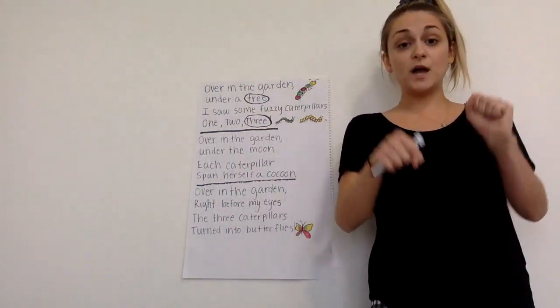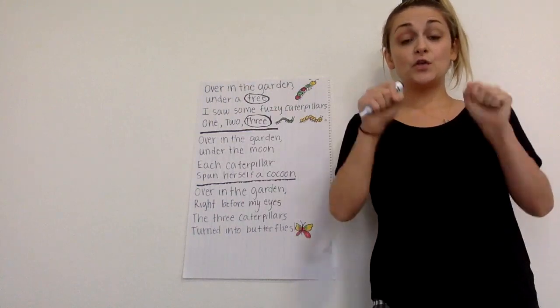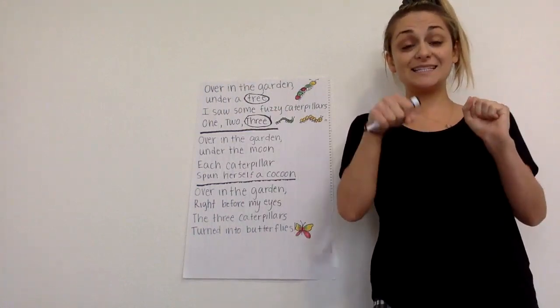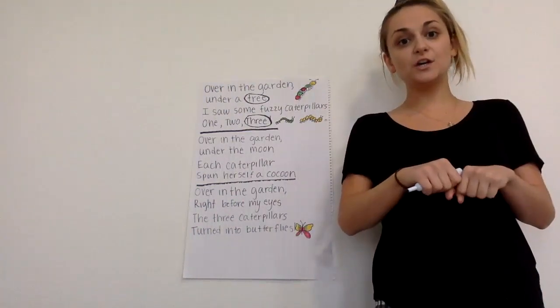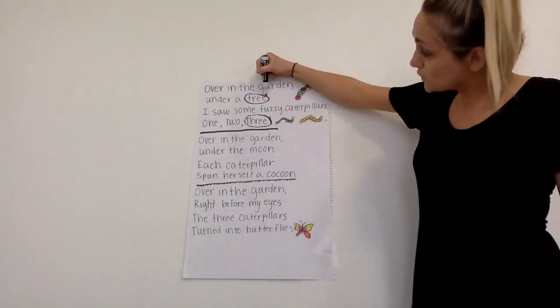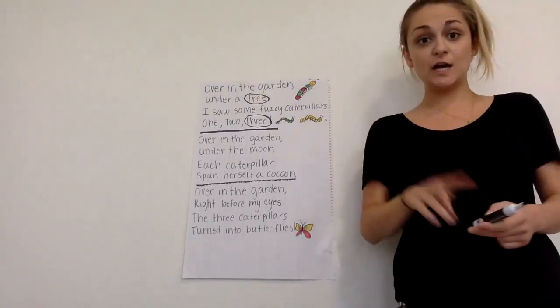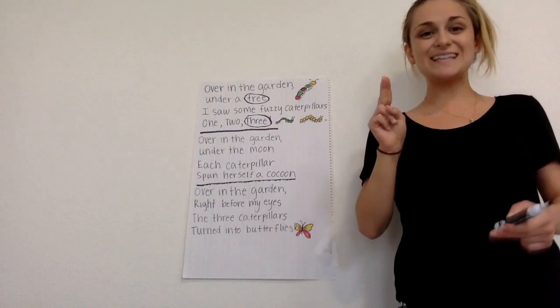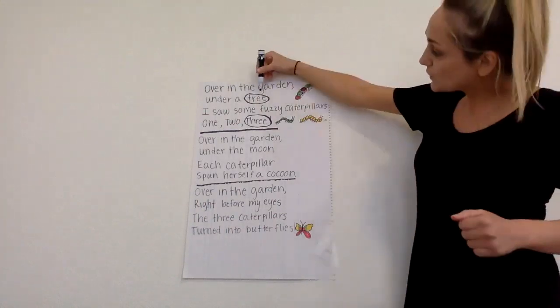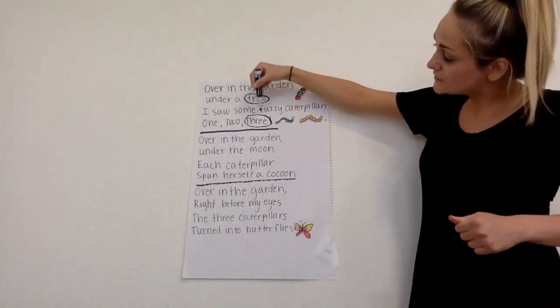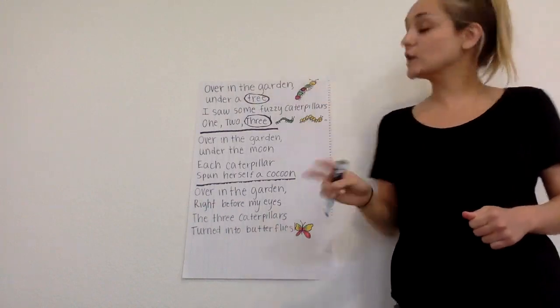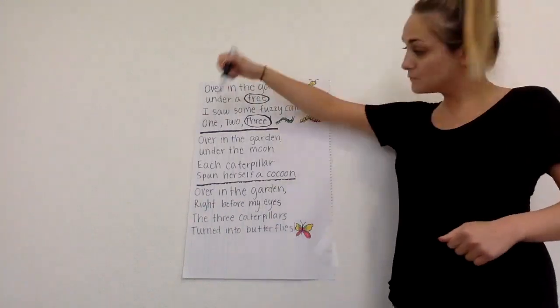Tree without the tr is E. 3 without the thr is E. Very good. We know that these 2 words both end in what? The 2-letter E, which makes the E sound. 3, tree, and 3. Now let's take a look at the second section of our poem.